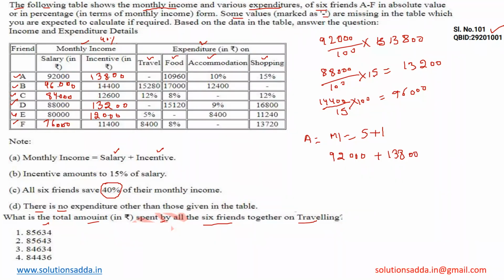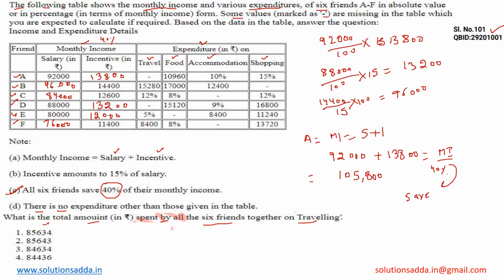The total amount will equal the monthly income, and 40% of this has been saved. This is according to condition C, which says that 40% of monthly income has been saved by every person here.